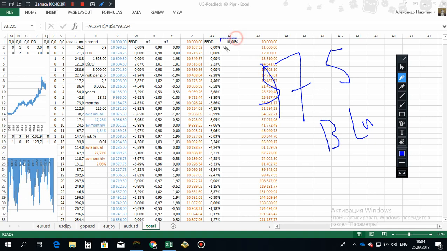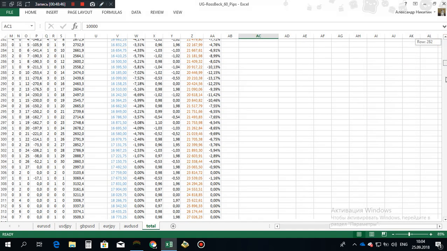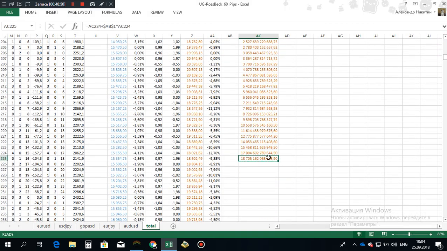So if you generate 10% every month and you are trading for 20 years, let's say you didn't withdraw anything, you are having more money than that guy. So thousands, millions, billions, trillions, 18 trillion dollars.